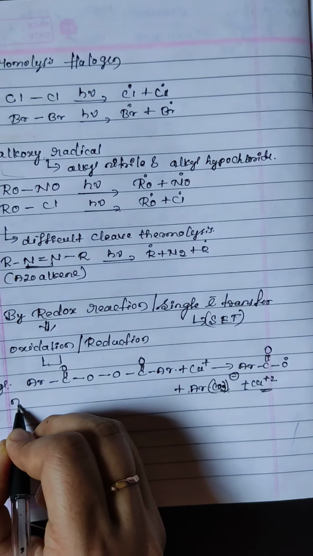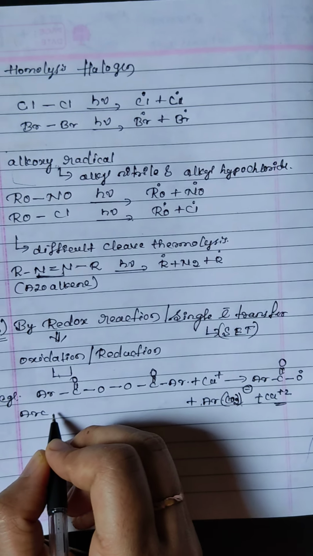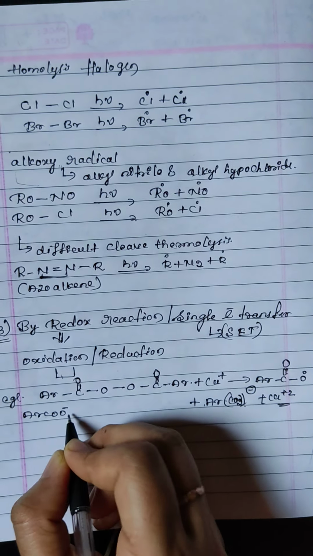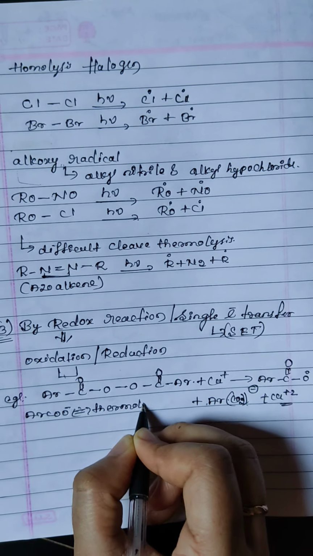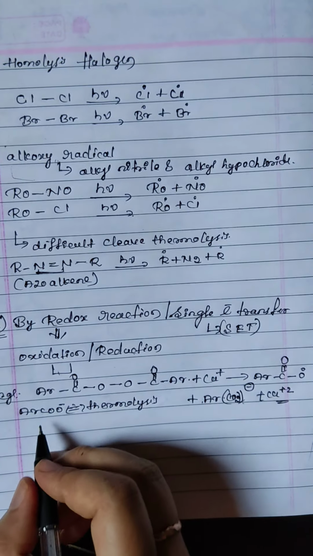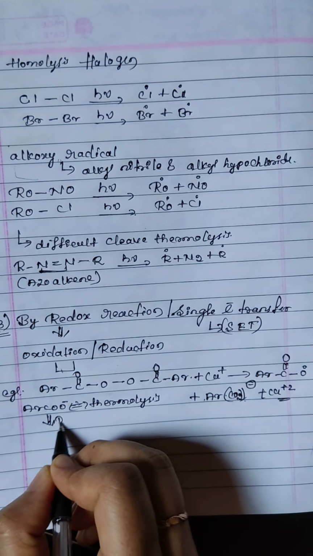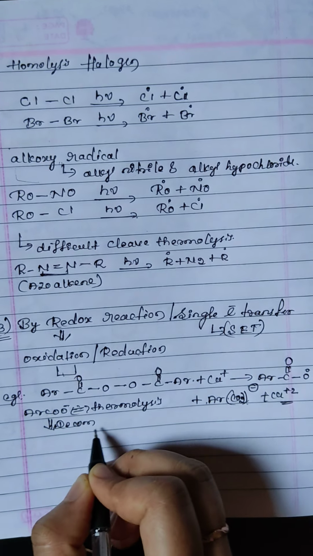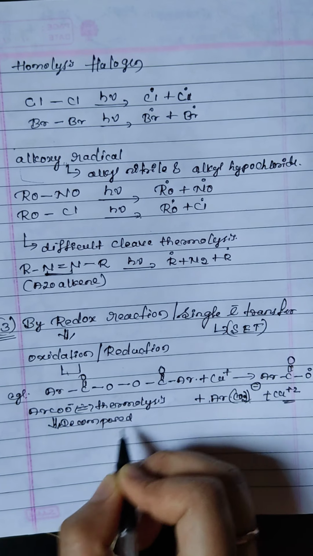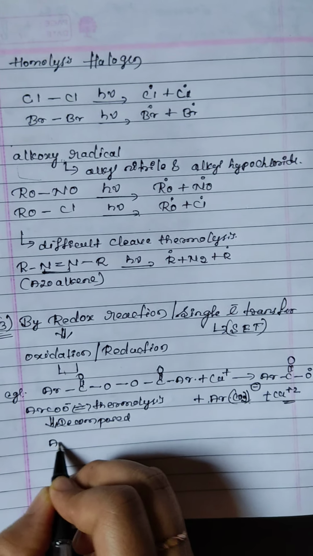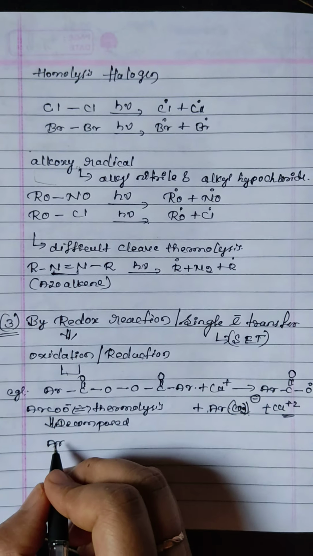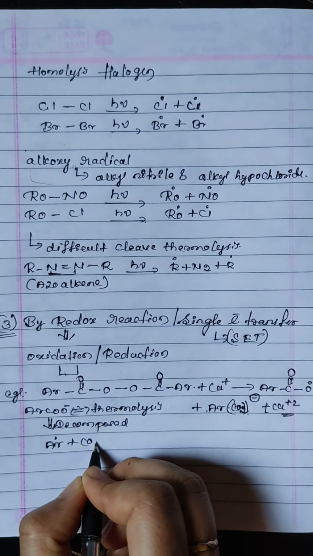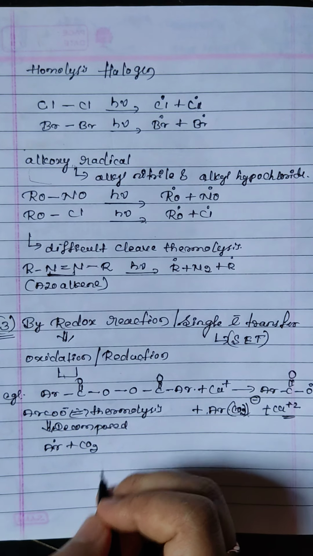This one is thermolysis. ArCO2 minus, by thermolysis, decomposes. How do we write the decomposition into free radicals? Ar radical plus CO2, another free radical.